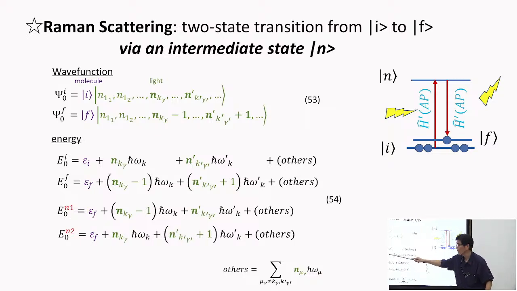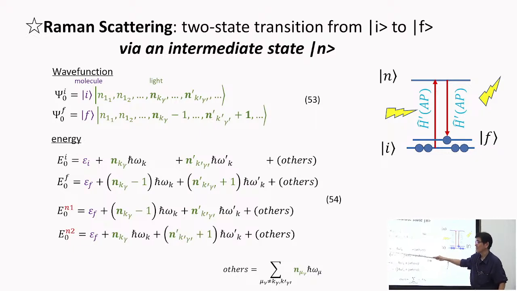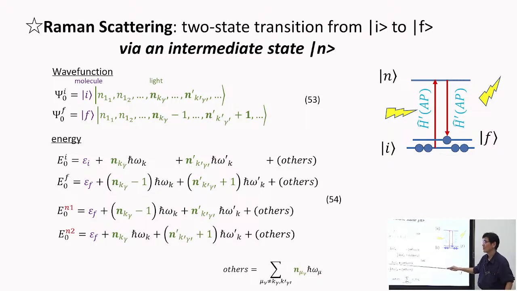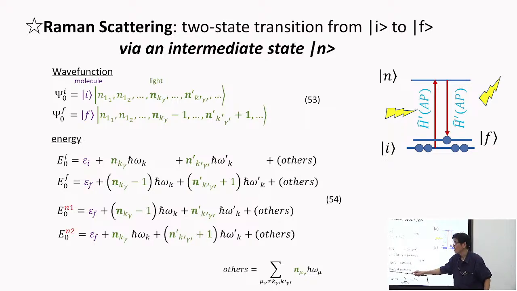In the first intermediate, the photon quantum number decreases by 1 from initial to N1 state, and during the transition from N1 to F, the quantum number of the other part increases by 1.